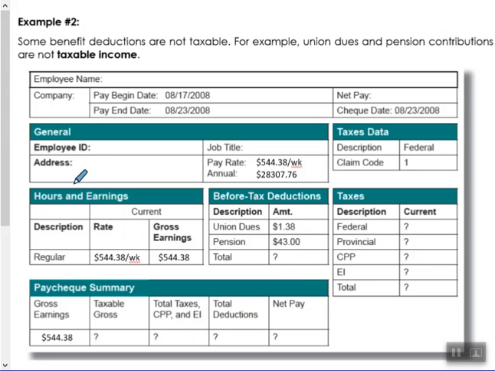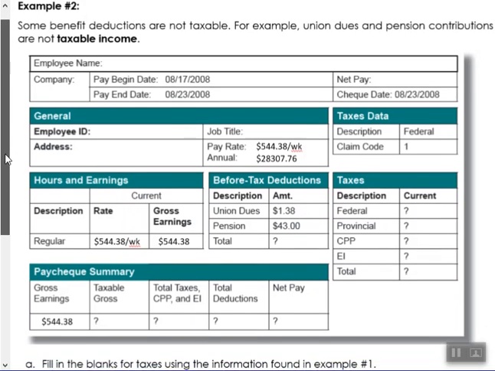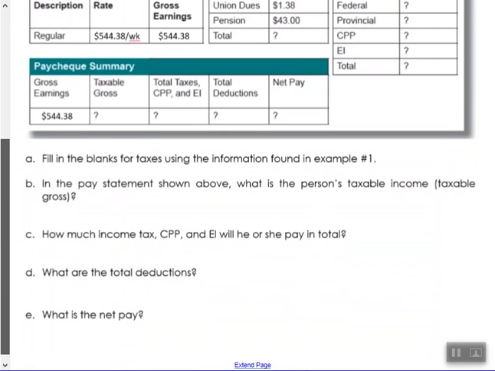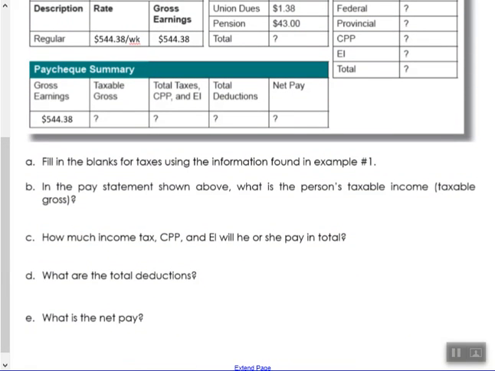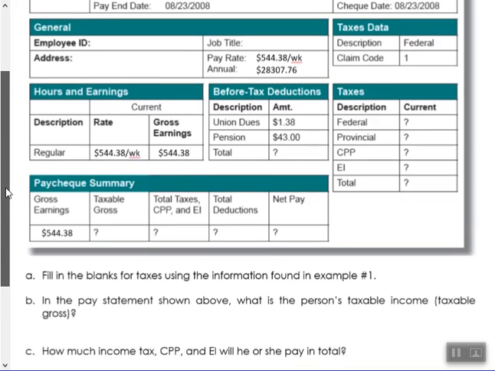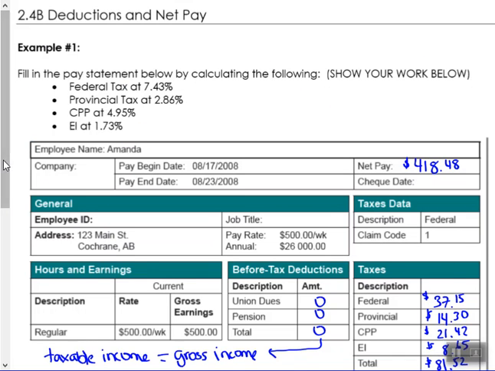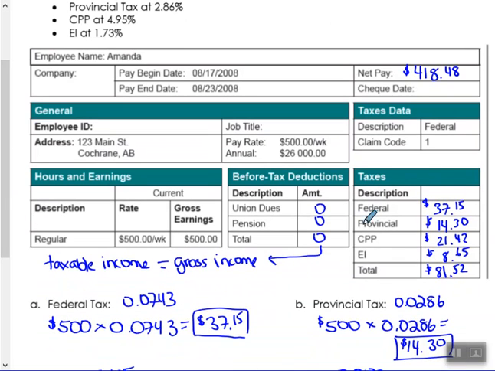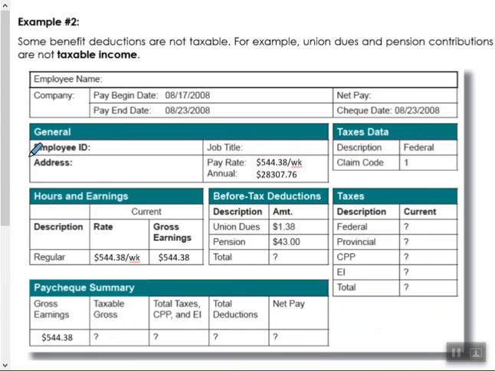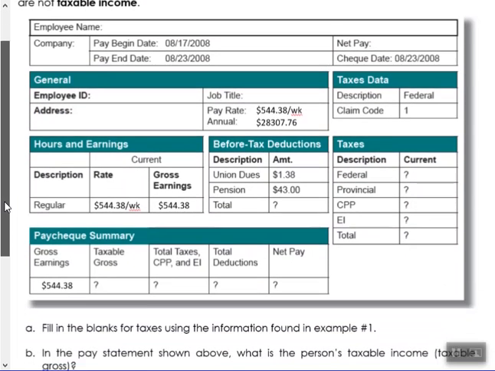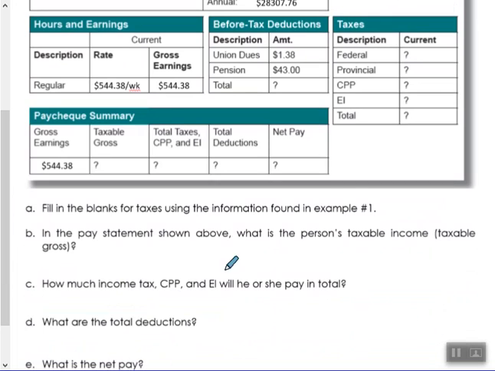So we are going to have to calculate our taxable income. We're going to fill in the blanks for the taxes using the information that we found in example 1. We're not going to calculate again. These ones that we did in our previous example are going to be what this person is paying, just because we don't need to do the same thing over again.